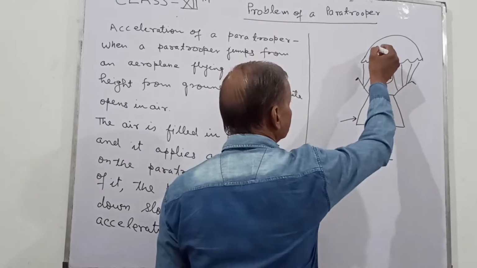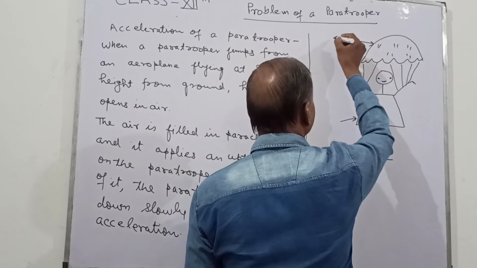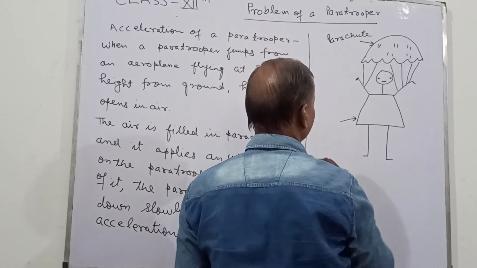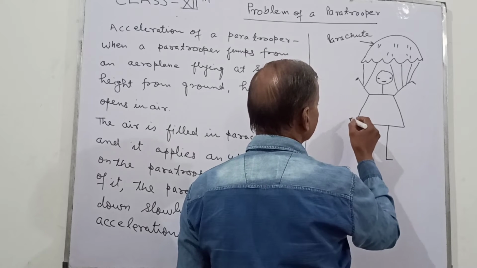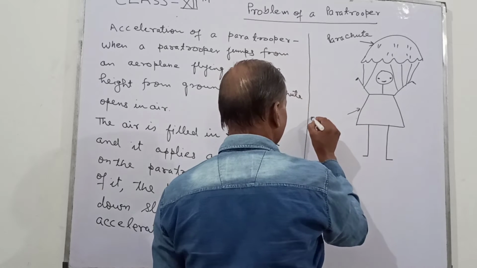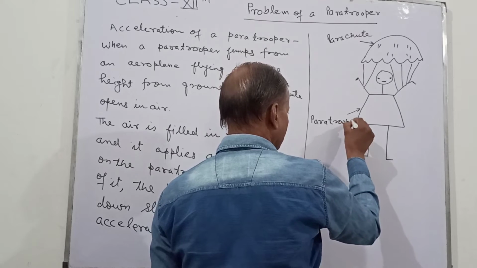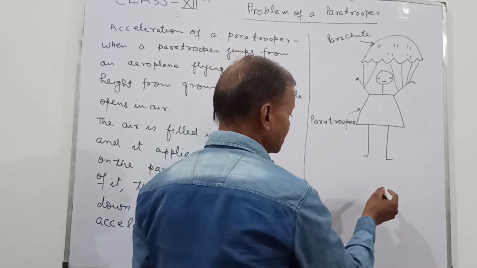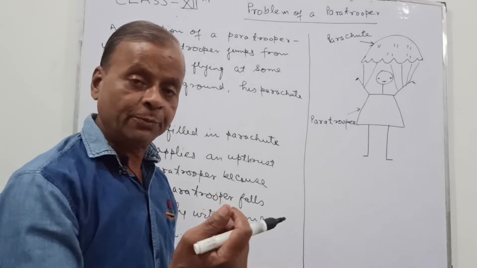I name it. This is the parachute, and this is the paratrooper, and he is falling down. This is just like a drop falling in the atmosphere.